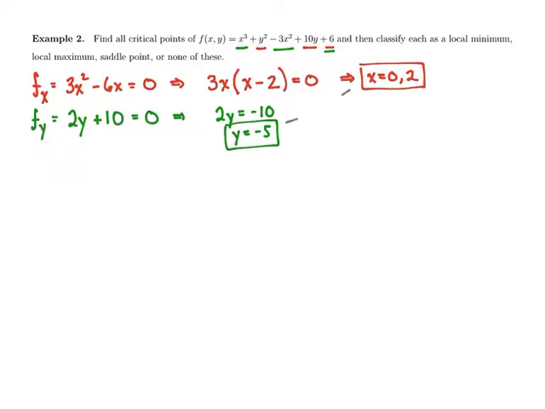This is saying that to satisfy both equations, which is what we need, x is either 0 or 2, and y has to be negative 5. So that means that we have 2 critical points that come out of that.